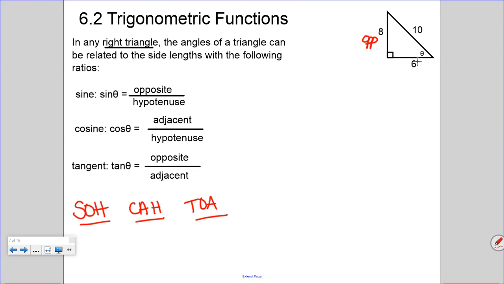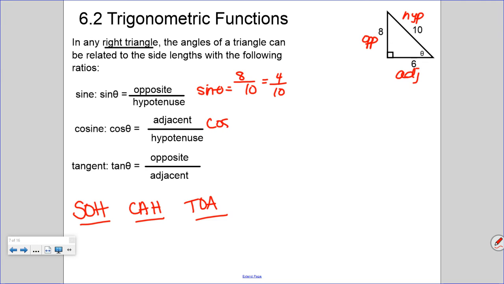Adjacent means touching. So this angle is touching 6 and 10, but 10 is always the hypotenuse. Hypotenuse is always hypotenuse, which means 6 is the adjacent side. So if I go to find these ratios, the sine of theta is, from theta, the opposite side, 8, over the hypotenuse, 10. 8 over 10, 4/5.